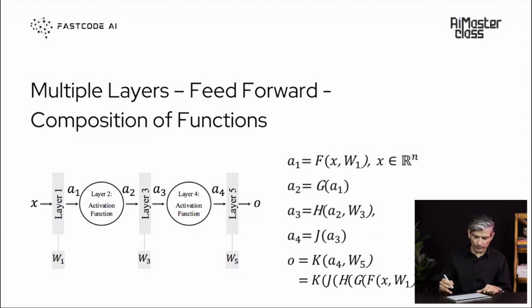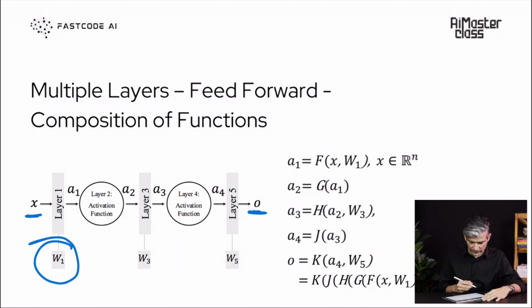So let's assume that this is what our neural network looks like. We have the input x. The input x goes into the first layer, then to the second, and so on, and then finally we get the output O. Now we have layer 1 which has these trainable parameters W1.